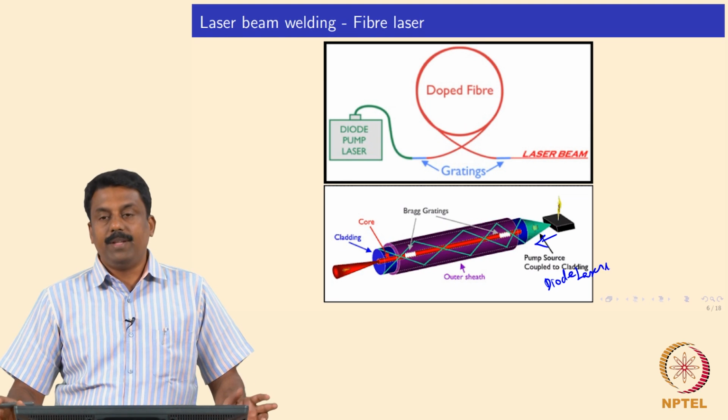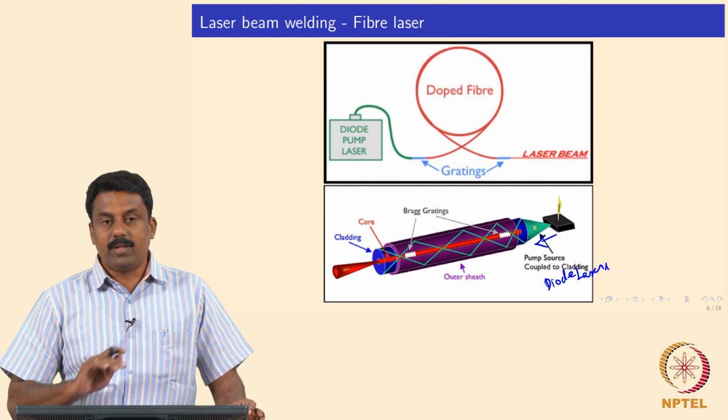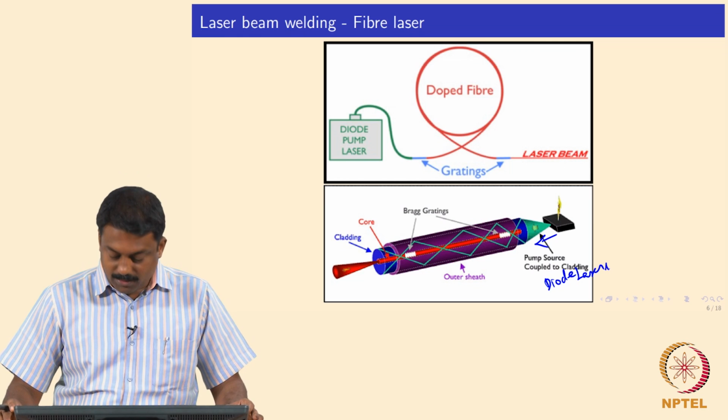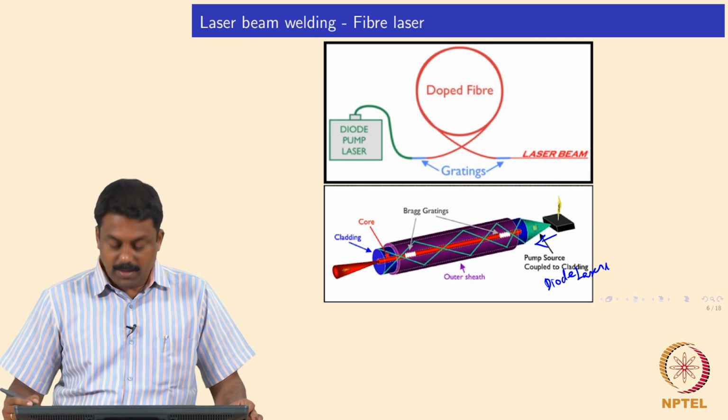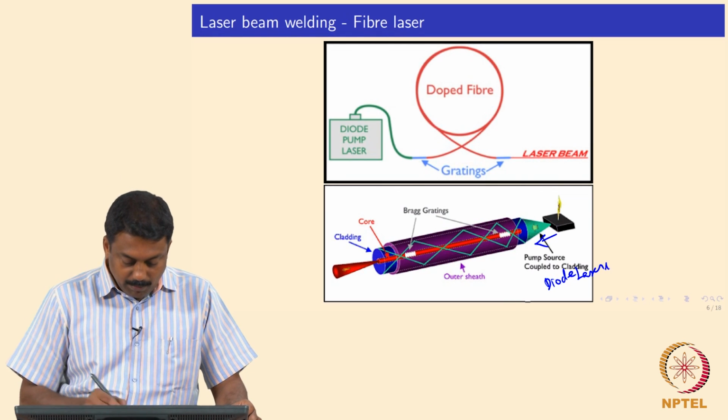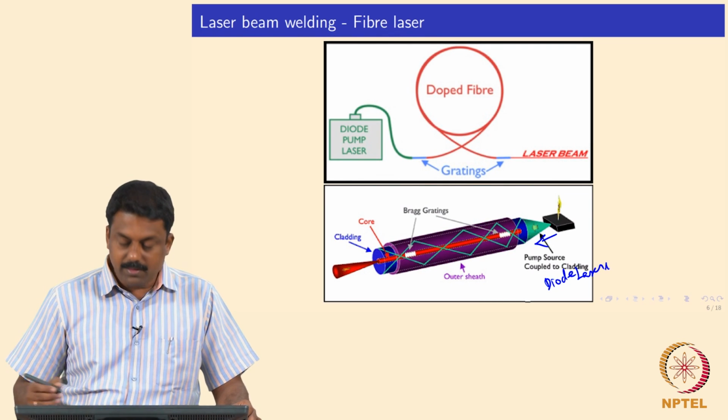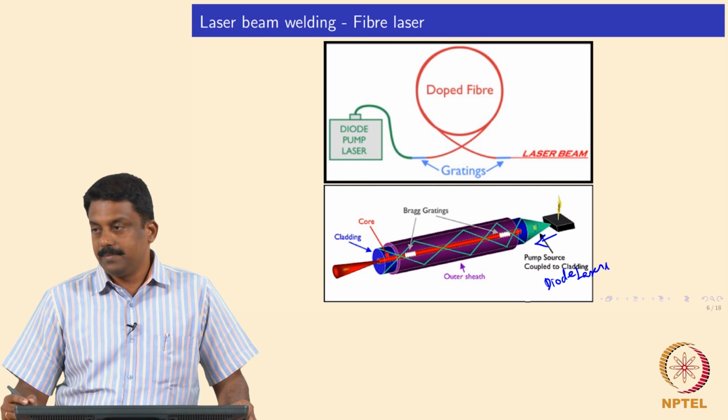So, in most cases it is copper coated with gold. That is commonly used as a reflecting surface in doped fiber optical cables. And then the moment it becomes coherent and collimated, it can be sent into the beam delivery system.